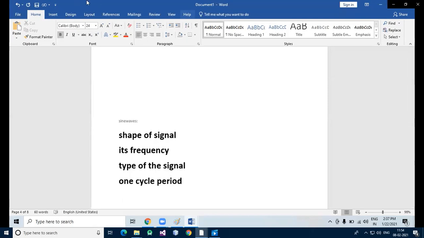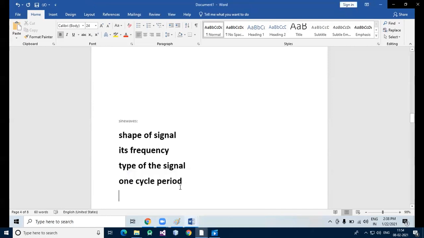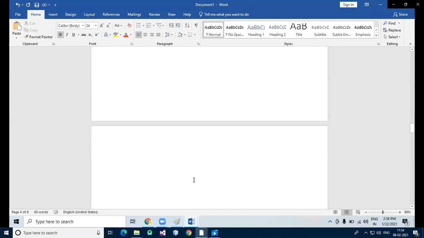Okay, so here is the frequency domain display of a signal.